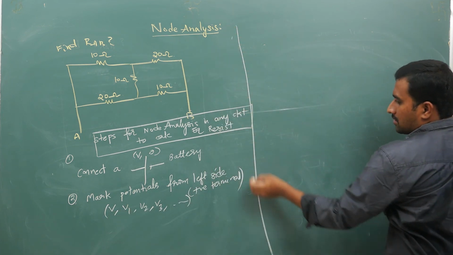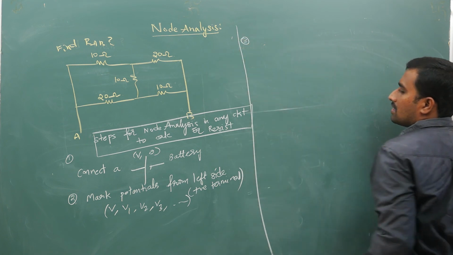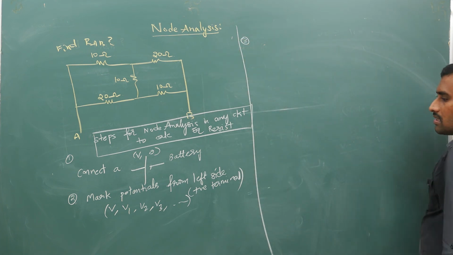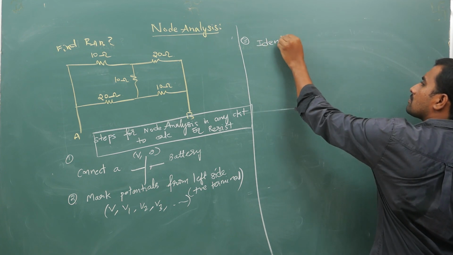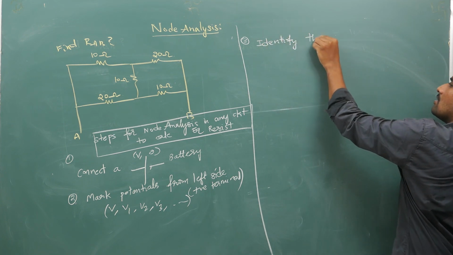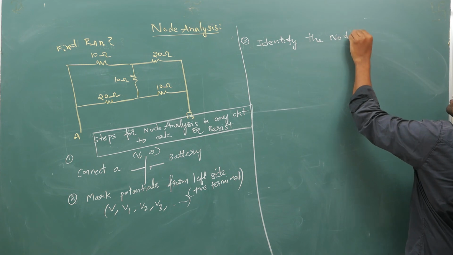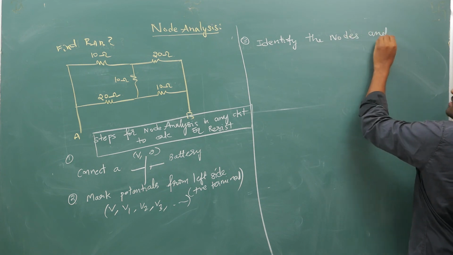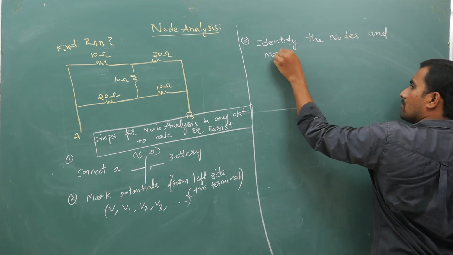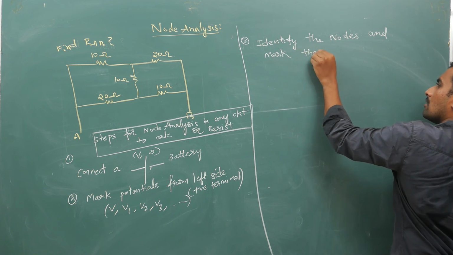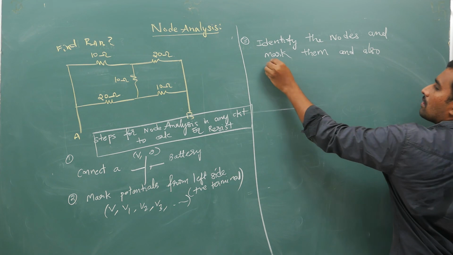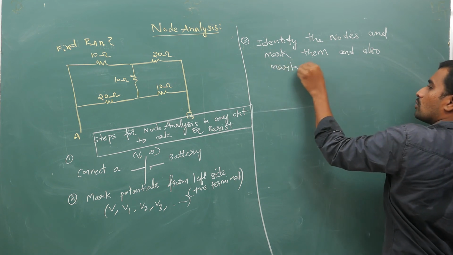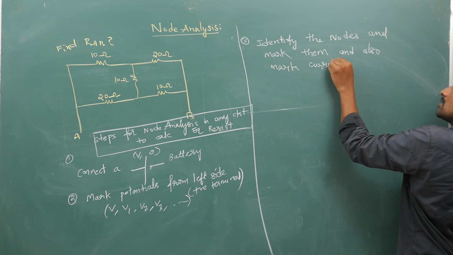Next, your third step is identifying the nodes and marking them, and also marking currents through resistors.